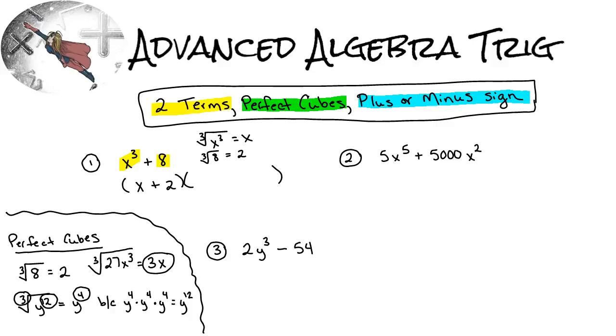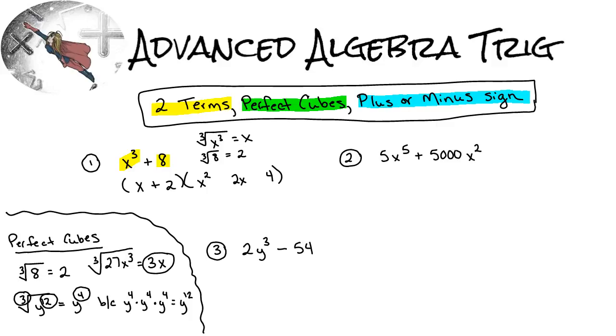All right, now here's where it gets a little tricky. We square the first term. I'll write all this down in a sec. So x squared, we need that one. Now we multiply together the 2 and the x for the middle, and then we square the 2 for the end.